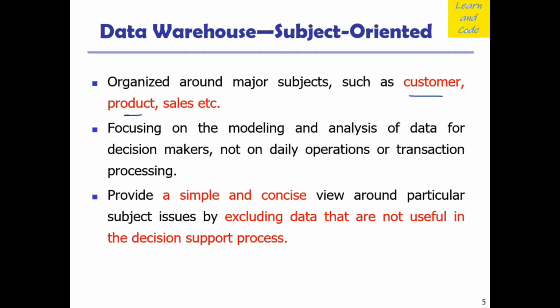Let us suppose we want to analyze the customer, so we will be organizing our data around the customer. If we want to analyze something about the product, we'll be organizing our data around the product, and so on and so forth. So there may be different subjects as per the business requirement, right?